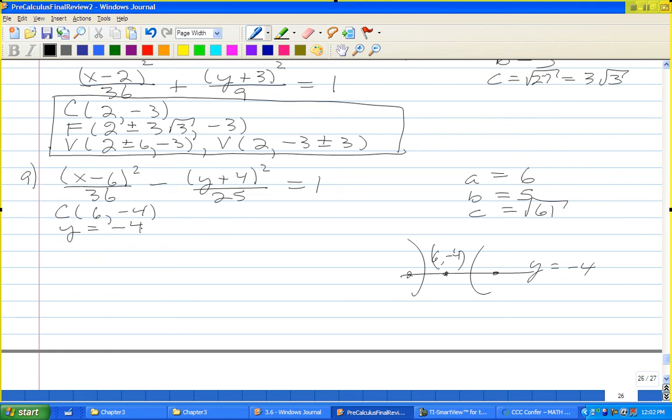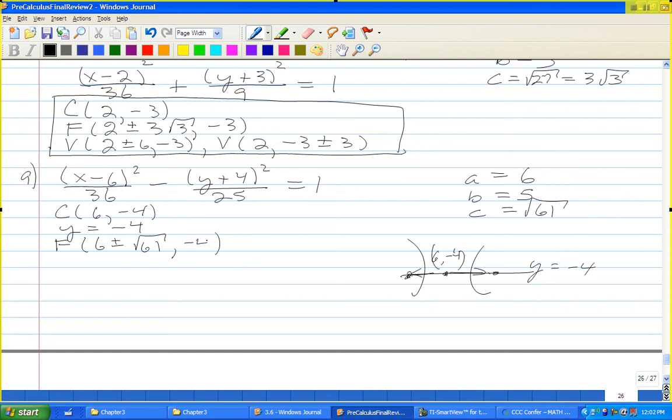That will be your transverse axis. The foci are again along the x-axis, so you're adding and subtracting to the x. So it's going to be (6 plus or minus root 61, negative 4).